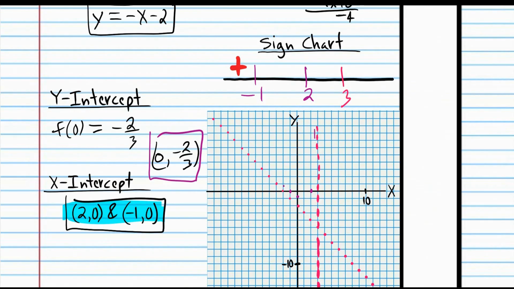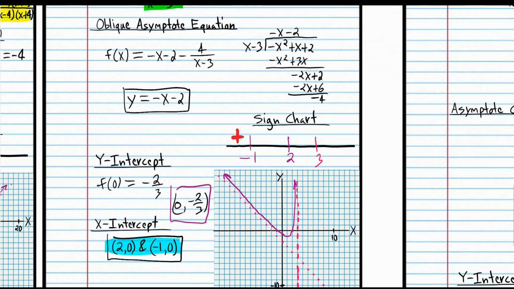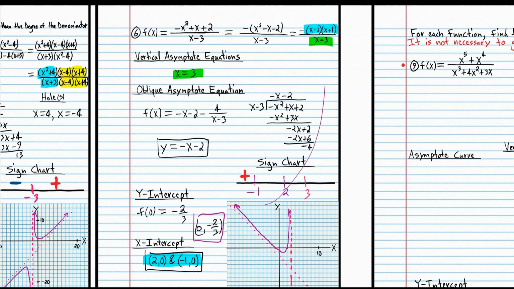And we can see that our graph is going to look something like this. Let's try plugging in 0, and we get negative 2/3, and we already found that number, so that's negative.